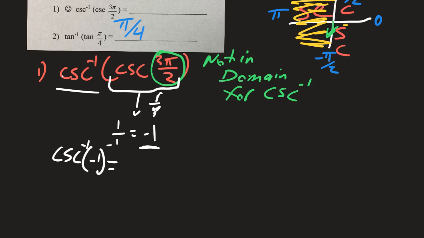Rather, we're going to say that that angle pointing downwards is negative pi over 2. As you can see, this is a different number than the original value that I had. So this is negative pi over 2 as my answer. Now the thing is, those both point at the same angle.